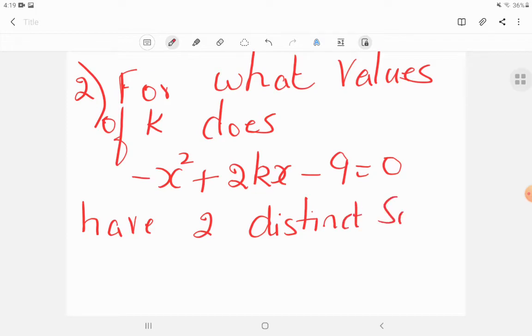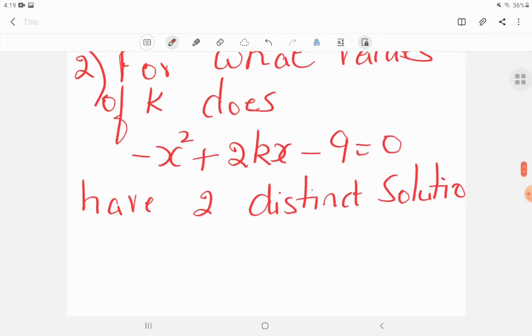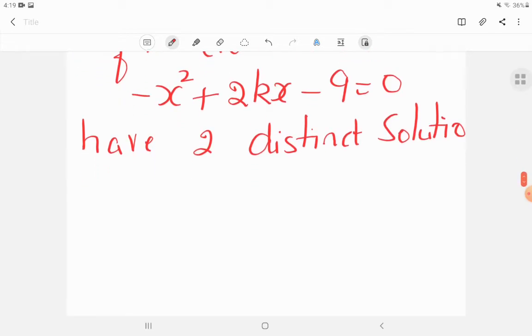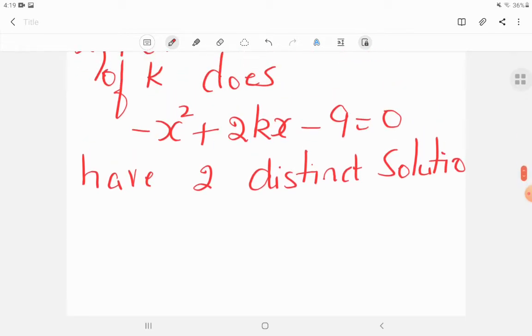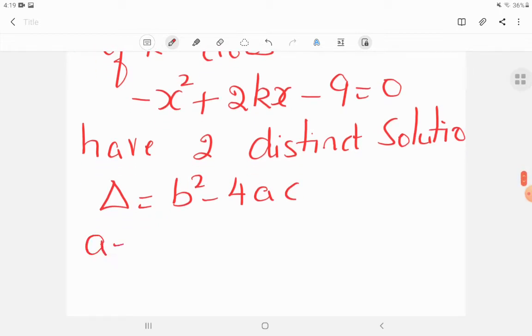So we use the discriminant formula. Delta is equal to b square minus 4ac. In this case, a is equal to -1, b is equal to 2k, and c is equal to -9.